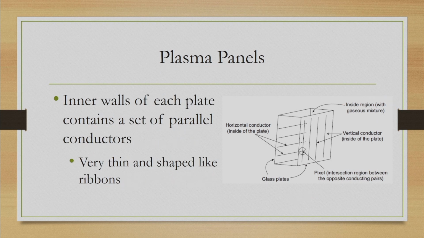Now, the inner walls of each plate contain a set of parallel conductors, and these conductors are very thin and ribbon shaped as shown here. These are sets of parallel conductors, and they are placed on the inner side of the plate.